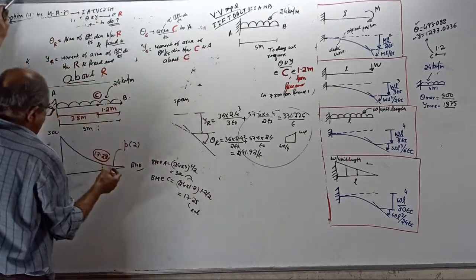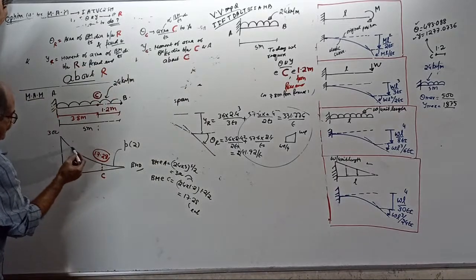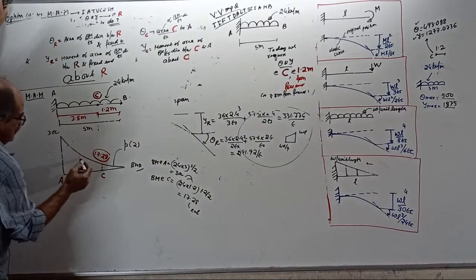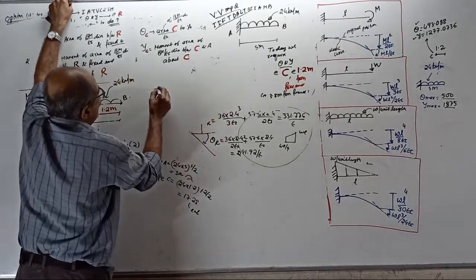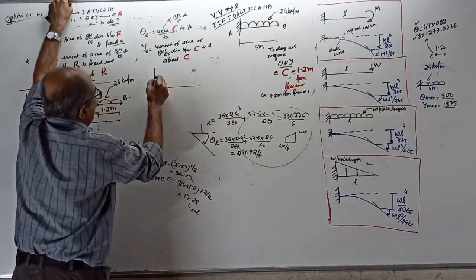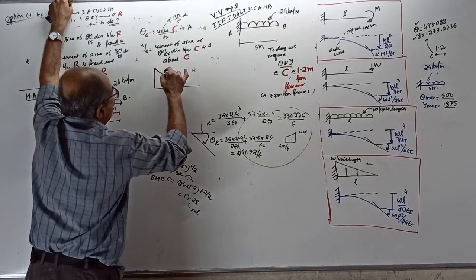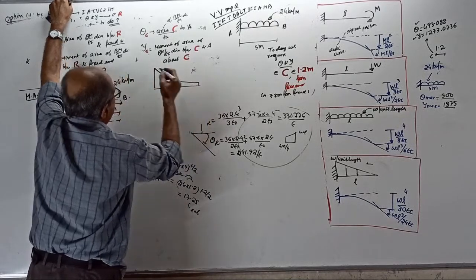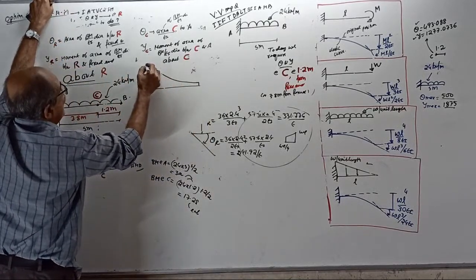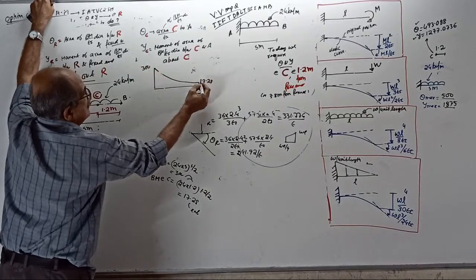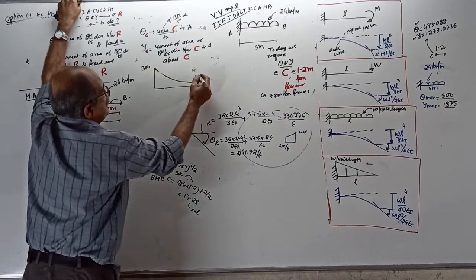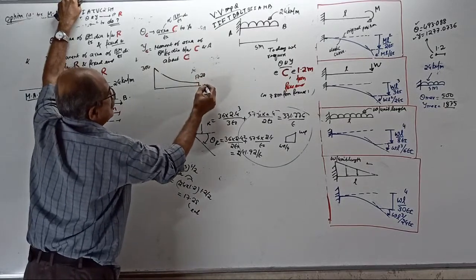That is, see, this area. Clear now? This area is 300 at one end and 17.28 at the other; it continues here.